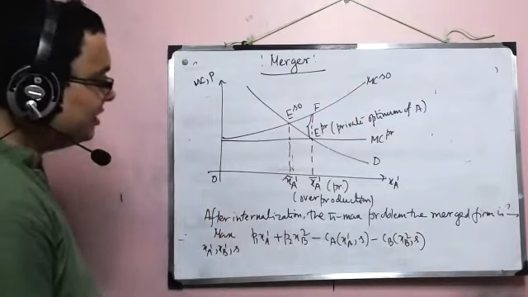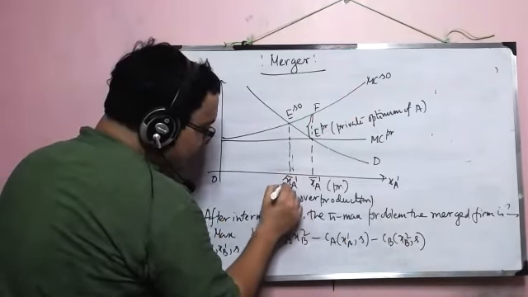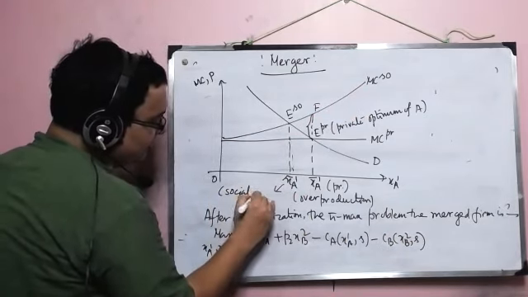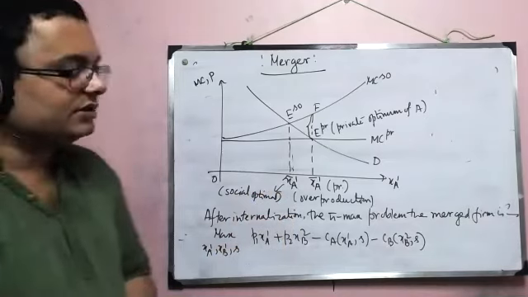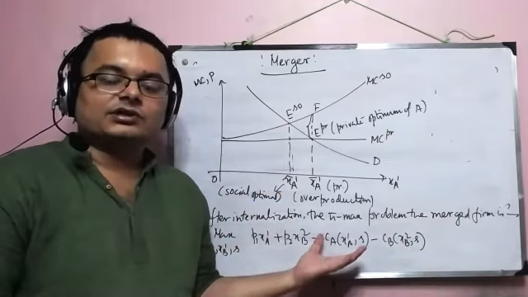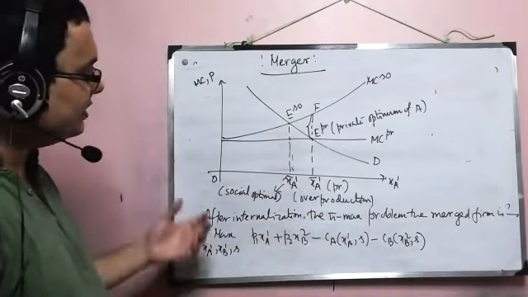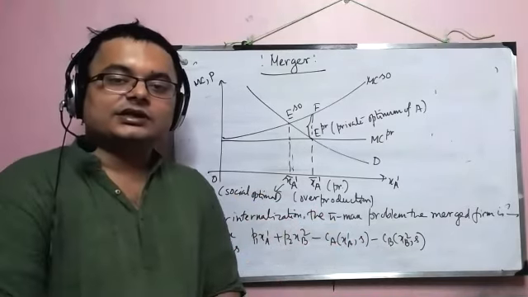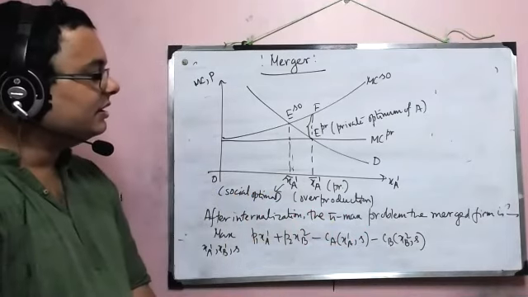So merger indeed guarantees that the output X1 hat will be produced, which is the social optimal. Now, obviously, this is a diagrammatic representation. So, in the next session, we'll see the mathematical derivation of the first order conditions or the necessary conditions, which will ensure that social optima is indeed generated.